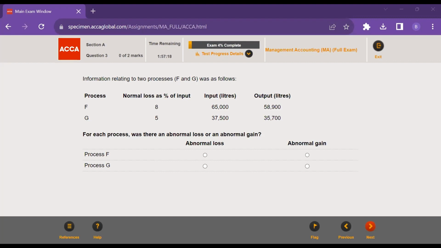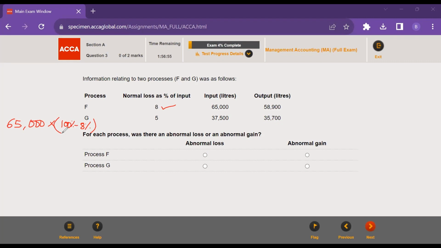So I can see that for F, 65,000 is my input and 8% is a normal loss. So how much my output should be is nothing but 100% minus 8%. So if I just find out 92% of 65,000, I'm just doing this on my calculator.